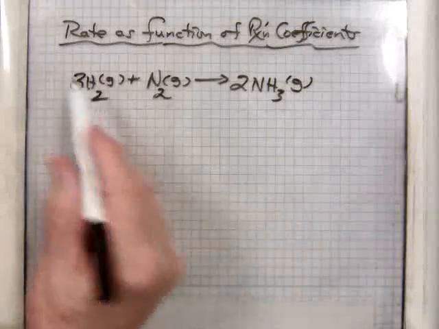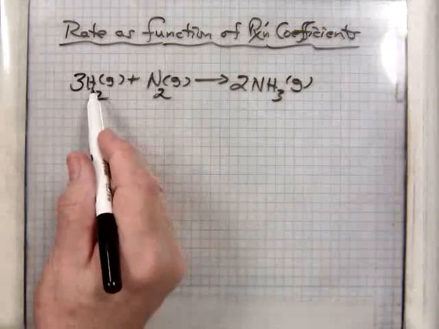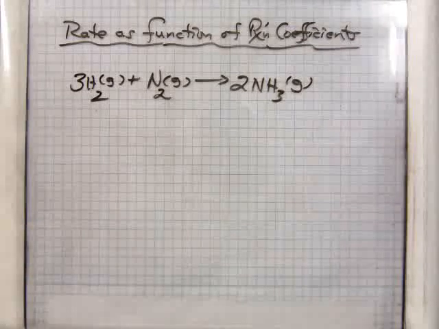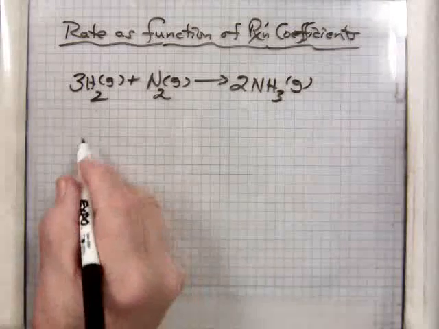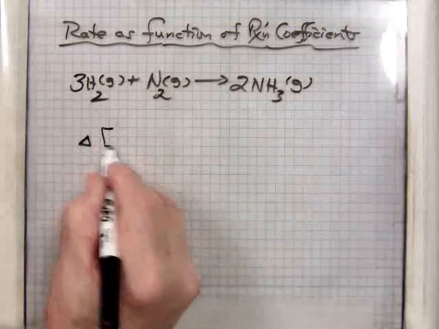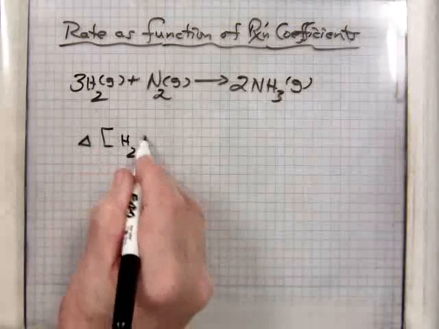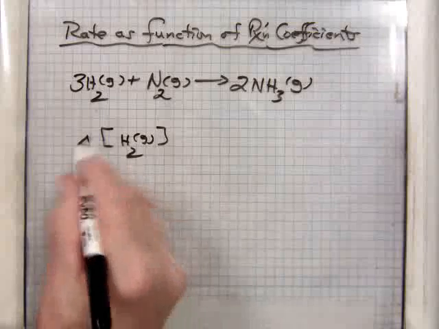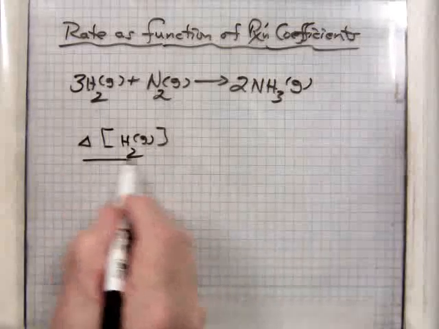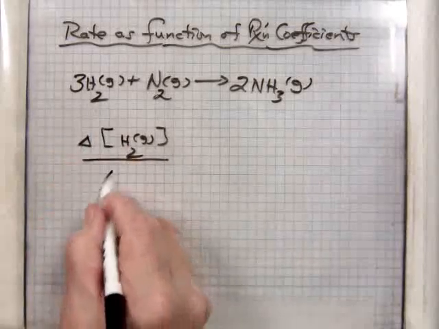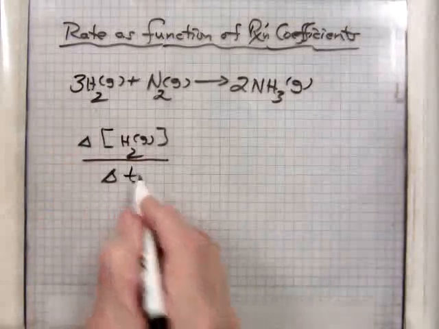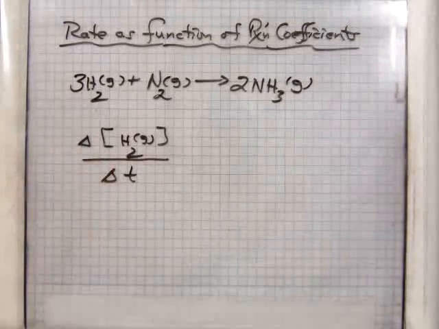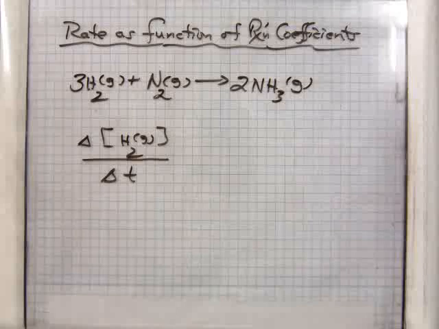Now, when we talk about the rate change of hydrogen, it's a decreasing or disappearing of hydrogen, right? So we write that as a change, bracket, H2 gas, like that. So that's a change in molar concentration divided by a change in time. That is the rate change of hydrogen as a function of time.